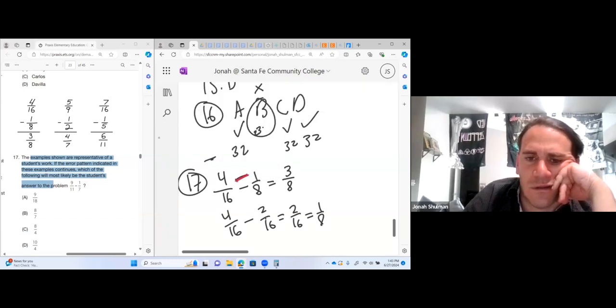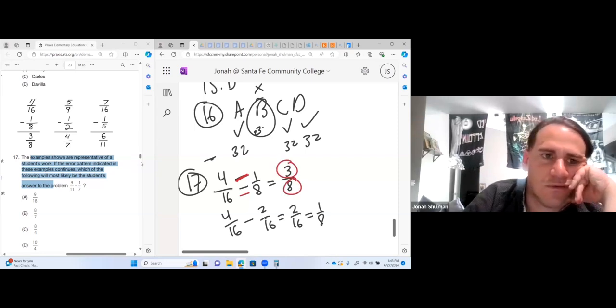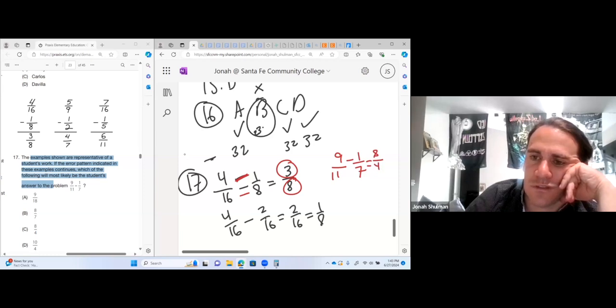All right. Oh, they just subtract top and bottom. 4 minus 1 is 3, 16. Okay, let's see if they do the next one. 5 minus 1 is 4, 9, okay, 7 minus 1. Okay, this is it. So they didn't make the denominators the same. So 9/11 minus 1/7, they're going to get 8/4, which is 2.